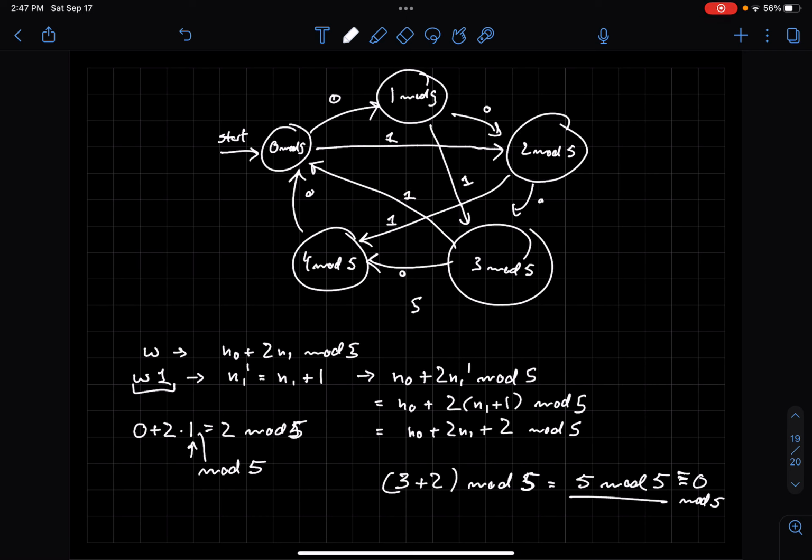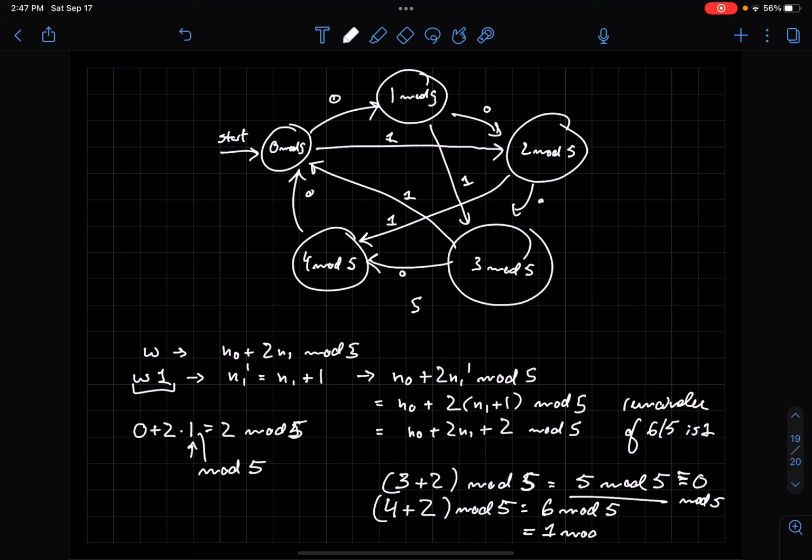And then finally from 4 mod 5, if I add 2 mod 5, then I should get 6 mod 5. The remainder of 6 divided by 5 is 1, so really this is 1 mod 5.